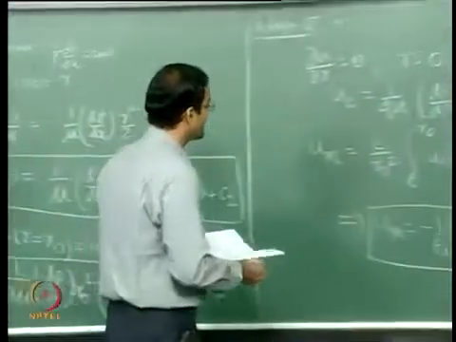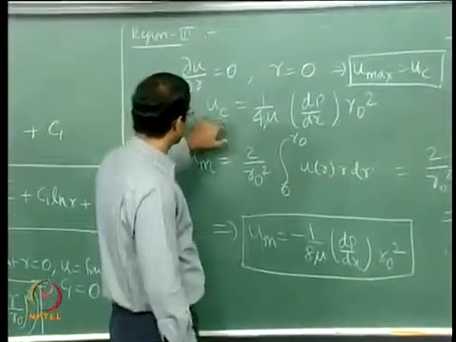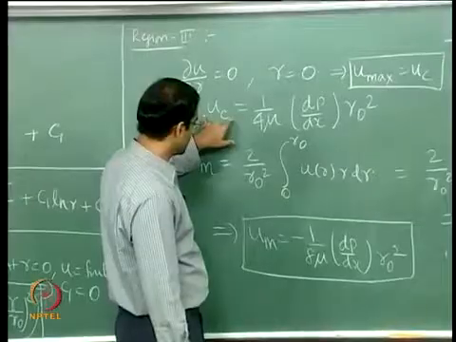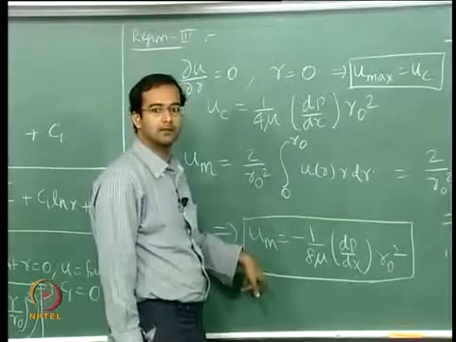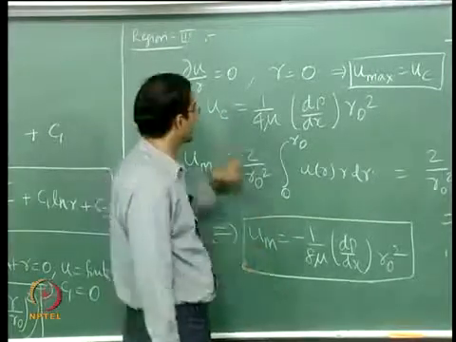Okay, and you can see from this expression that your centerline velocity is actually twice of the mean velocity, right?